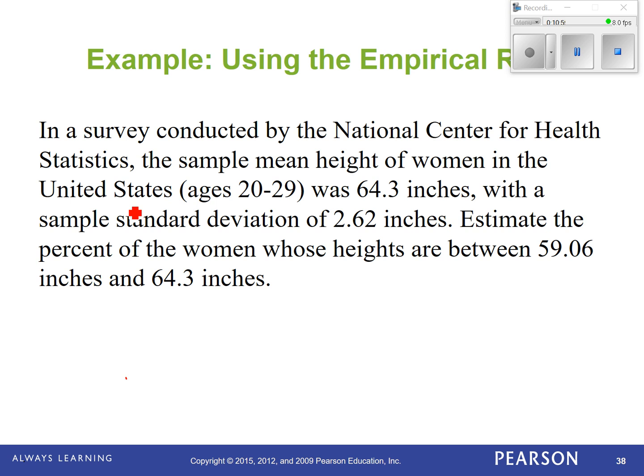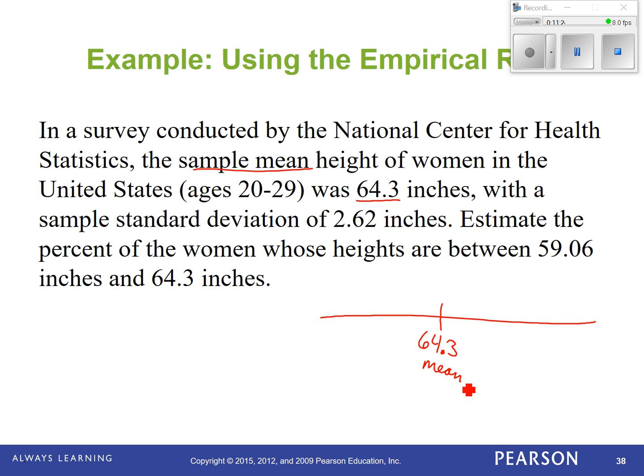If I'm looking at this, probably the first thing I do is draw myself a little number line, and they tell us the sample mean height was 64.3, so I put that right there. That's going to go in the middle, that's your mean.